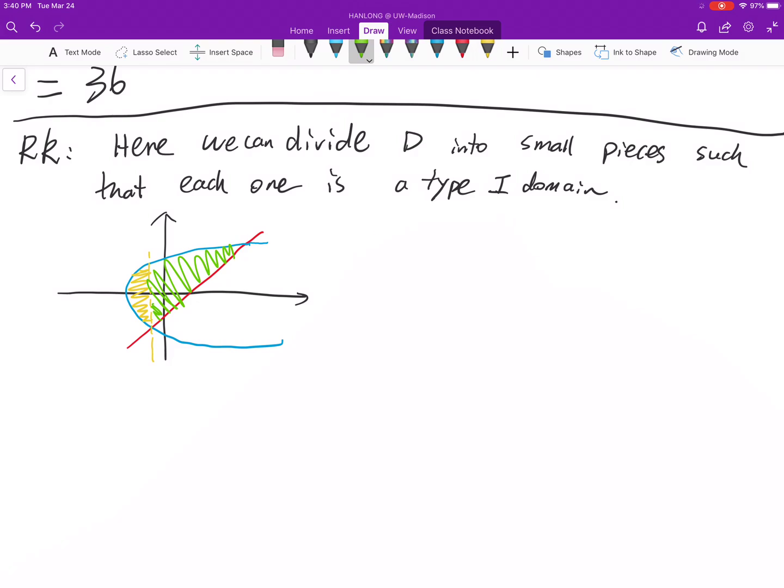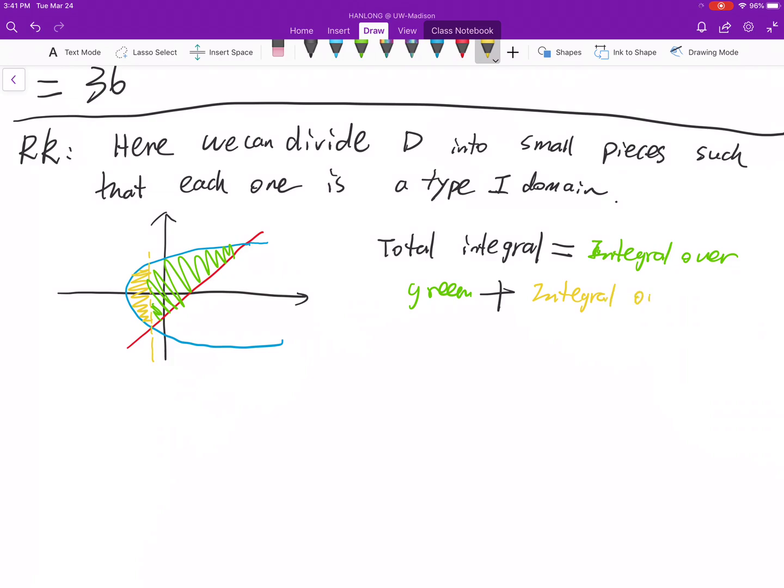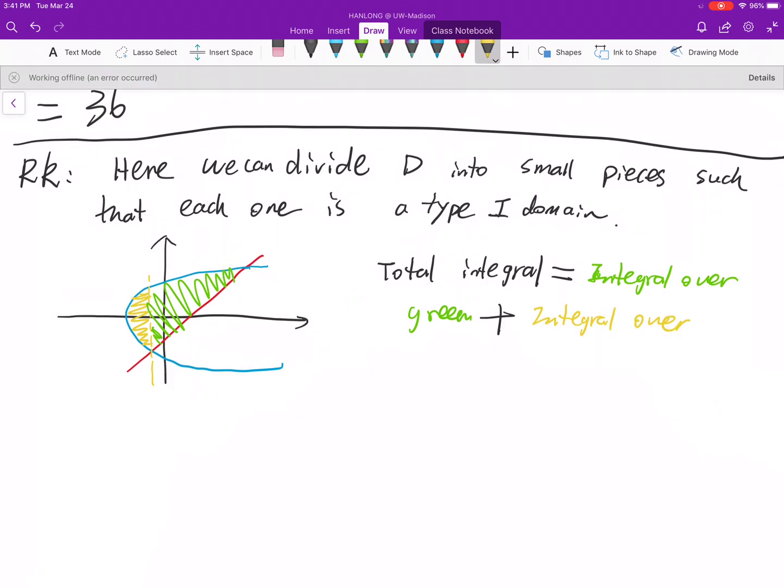So the total integral equals integral over green plus integral over yellow of the same function.